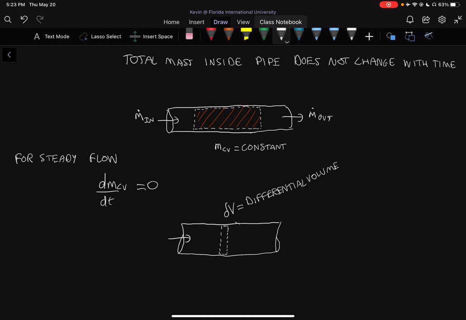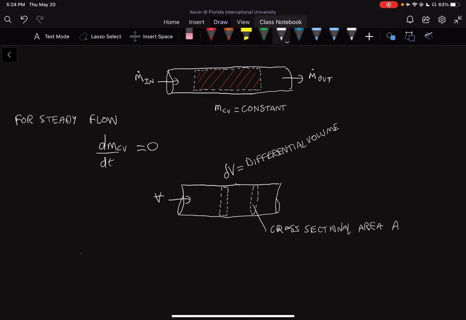Now, we also know that there's a velocity in to our system shown by the symbol for velocity, which is V with a bar through it. Okay, and we also know that the system has a cross-sectional area A. Okay, so let's try and develop an equation for the differential volume flow.